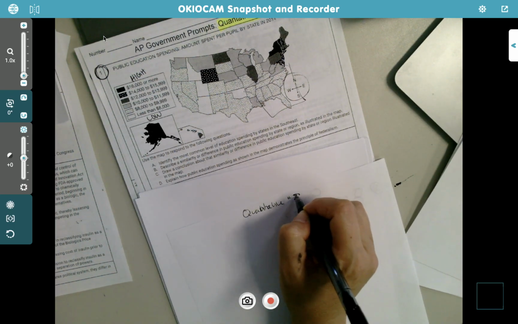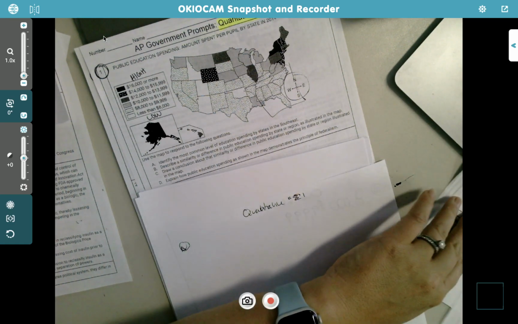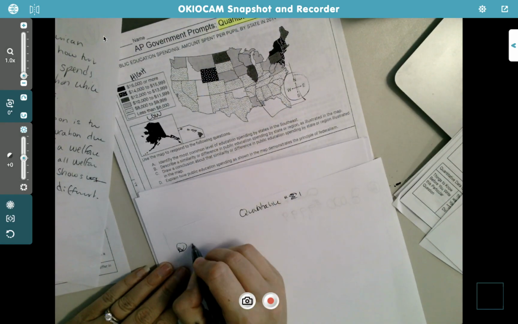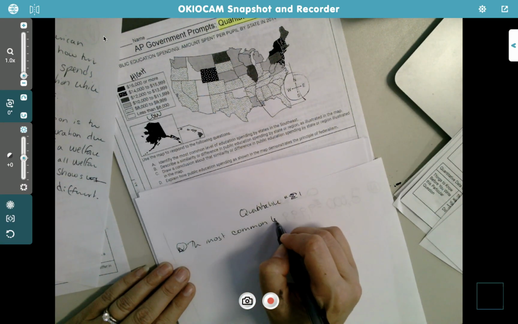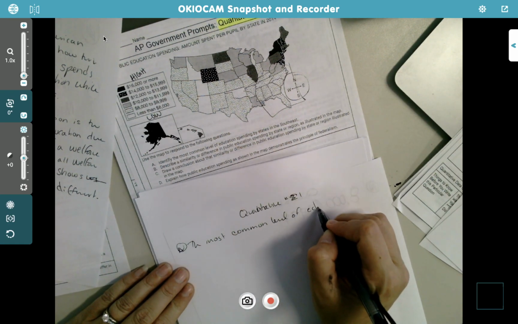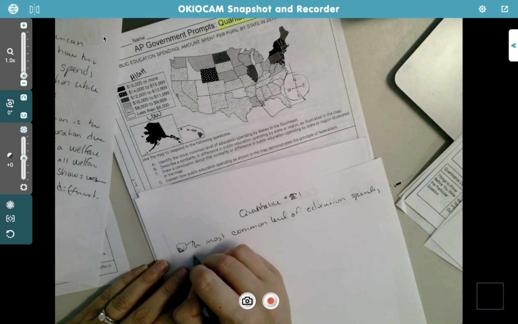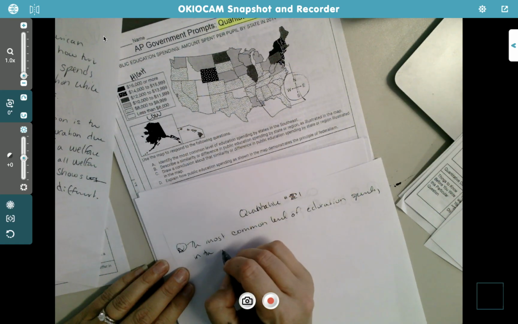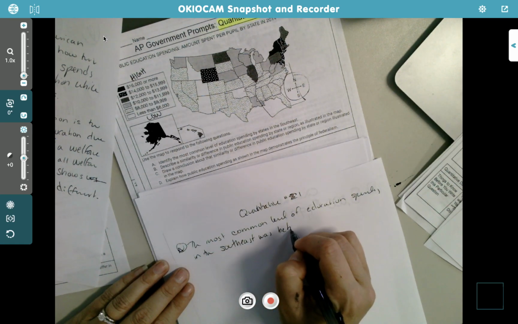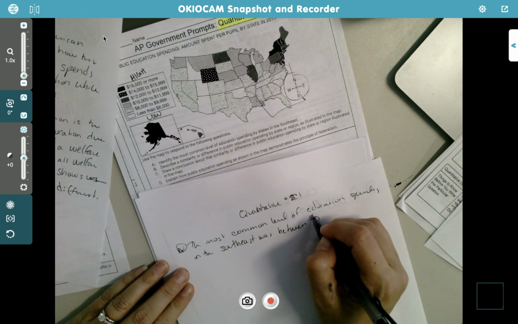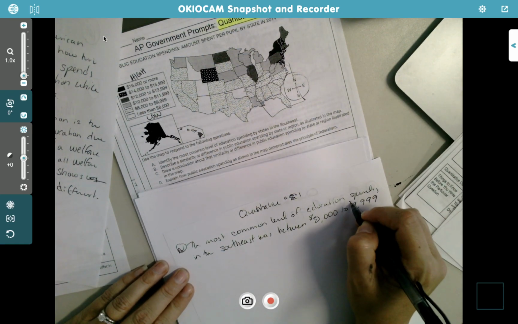Number 1, A. The most common level of education spending in the Southeast was between $8,000 to $9,999. There you go.